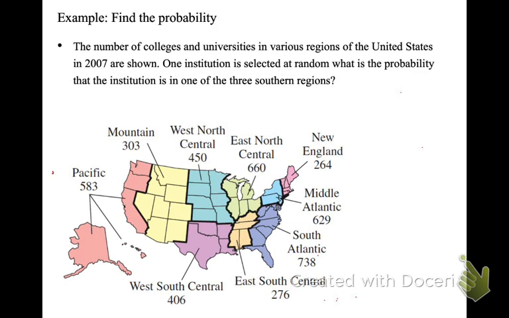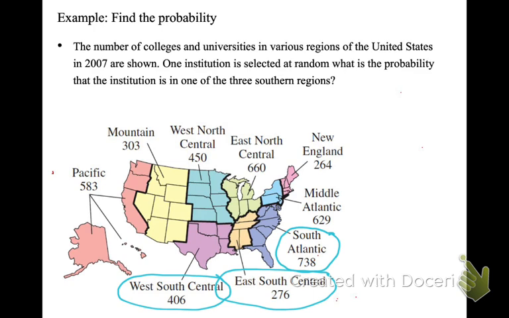West South Central, East South Central, South Atlantic. So this really isn't a not, I don't think. So how are we going to find the probability? You add these all together. There's 9 regions.